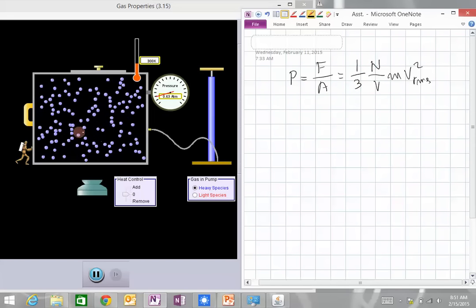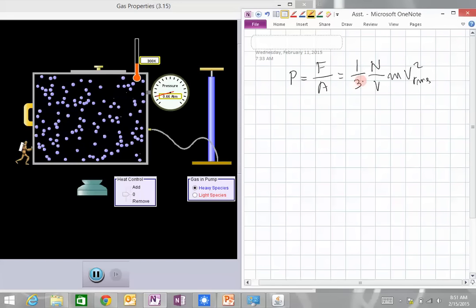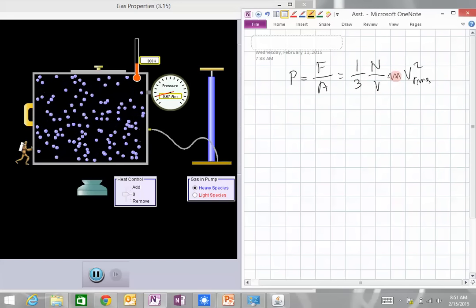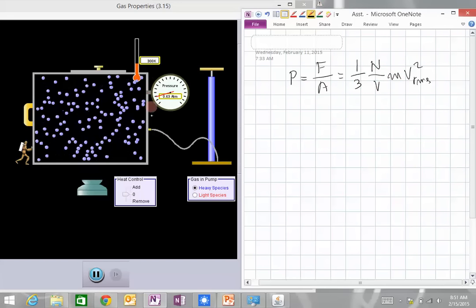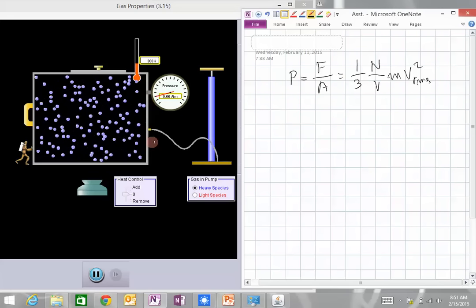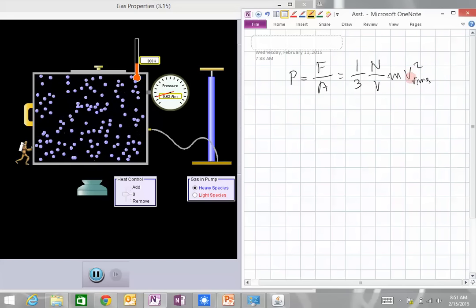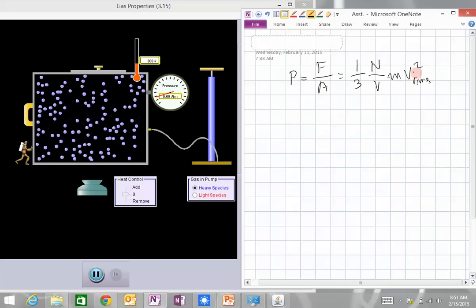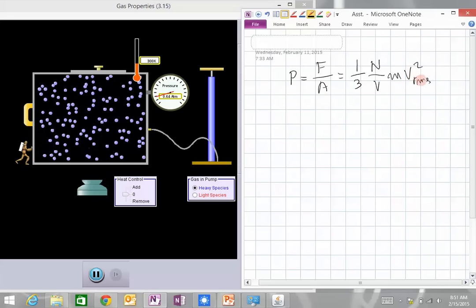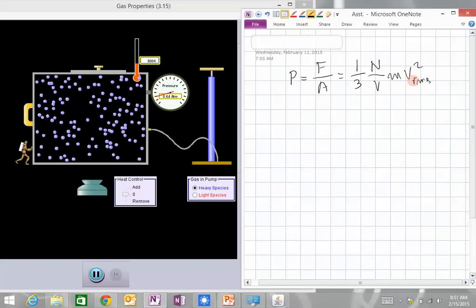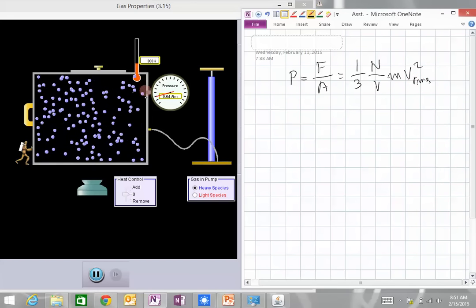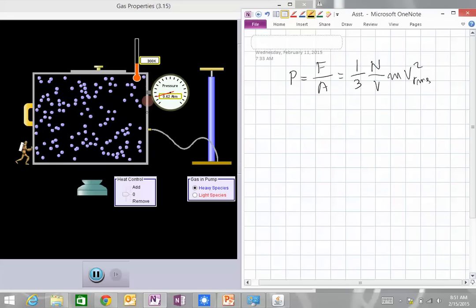And there's no special direction, so this is the reason for this 1 over 3. The mass of the particles: the heavier the particles, the more force on the wall. And the speed of the particle squared, which is sort of an average speed of all the particles, and the faster they are going, the more force on the wall.